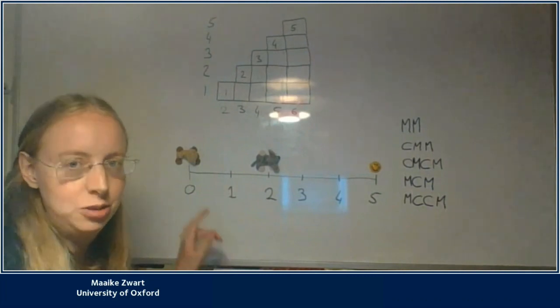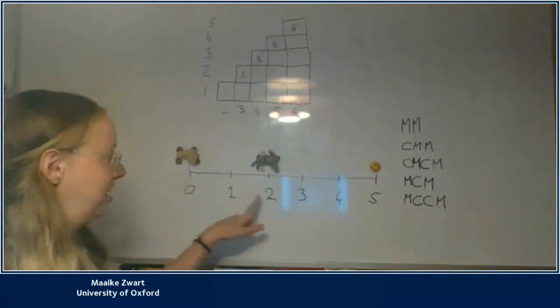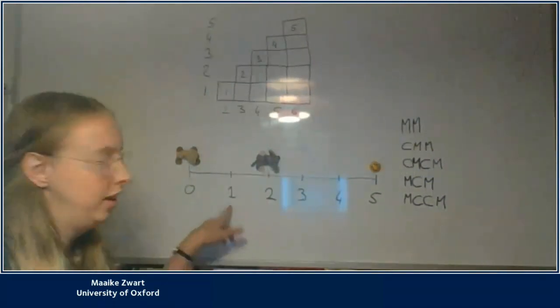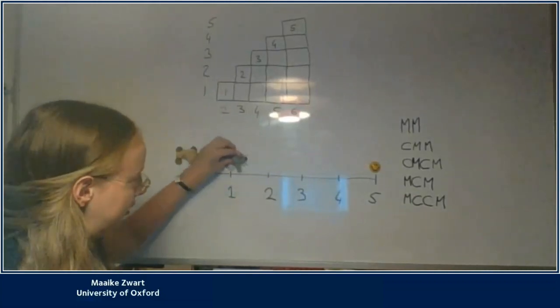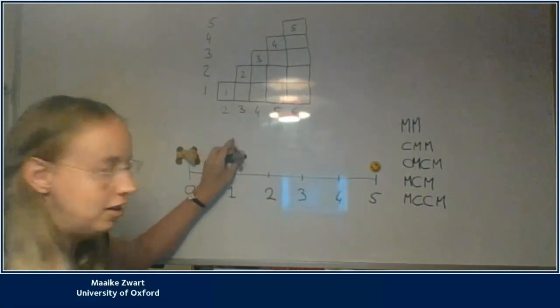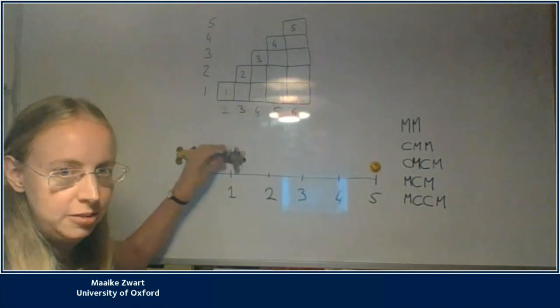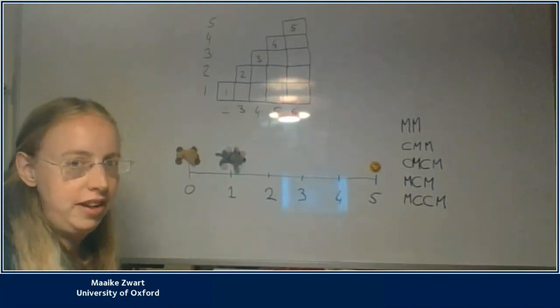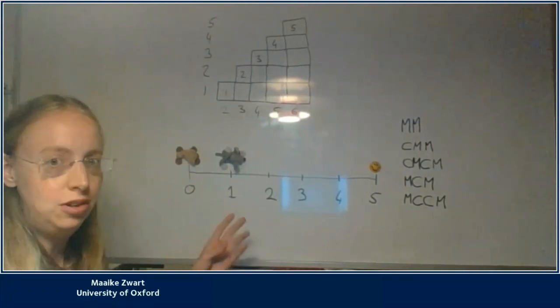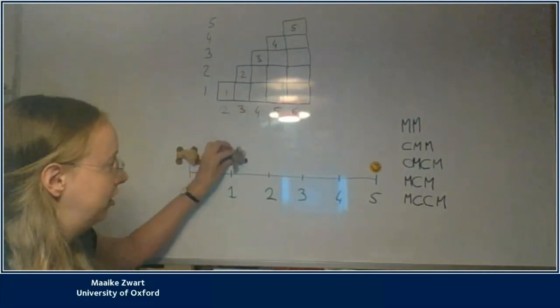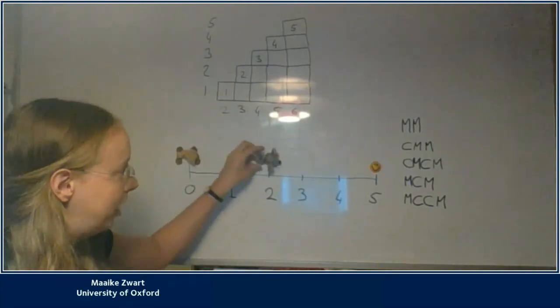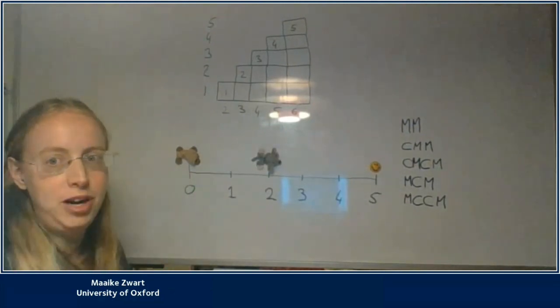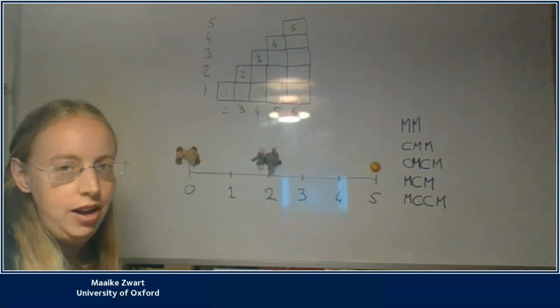So the question is asking about the specific setting where the mouse is either at 2 or at 1, and comparing those. So I'm going to start with the mouse at 1 to explain this question. Because when the mouse starts at 1, the only way for it to not get caught is to move first. So our first play in the game has to be that the mouse moves.